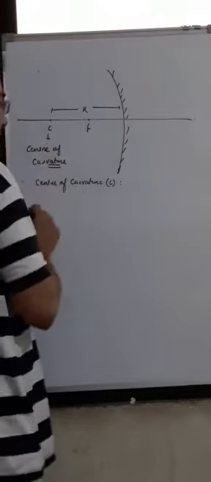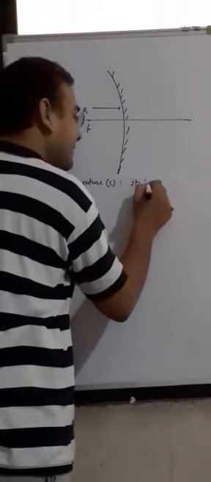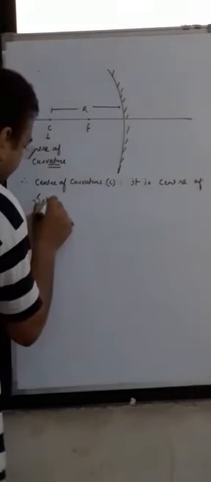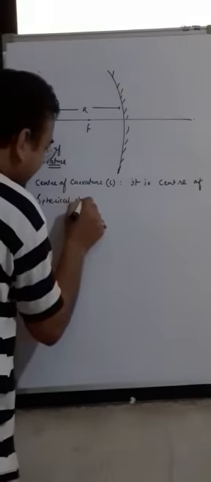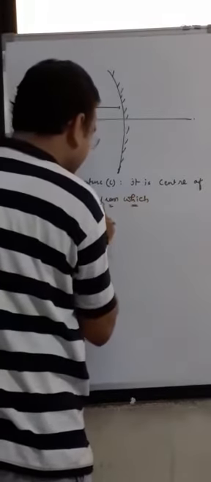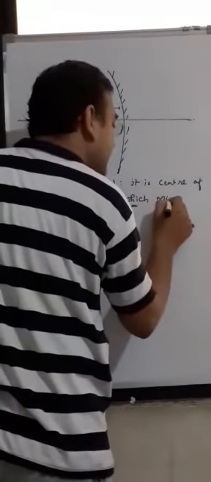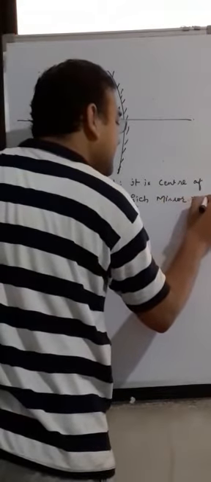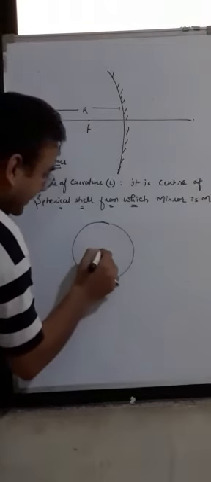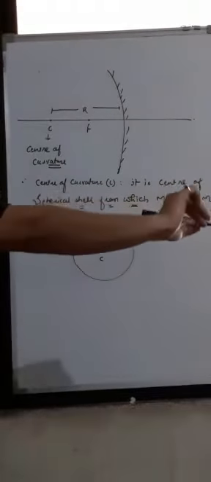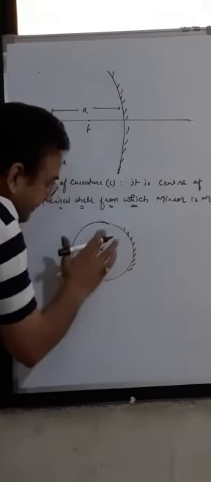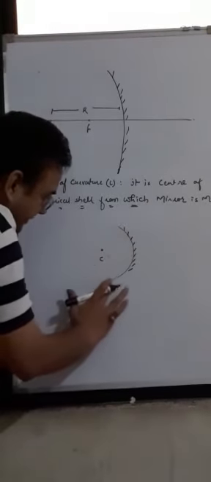Center of curvature is the center of the spherical shell from which the mirror is made. Simply we can say that suppose this is the center and we form this mirror like this by cutting it down.